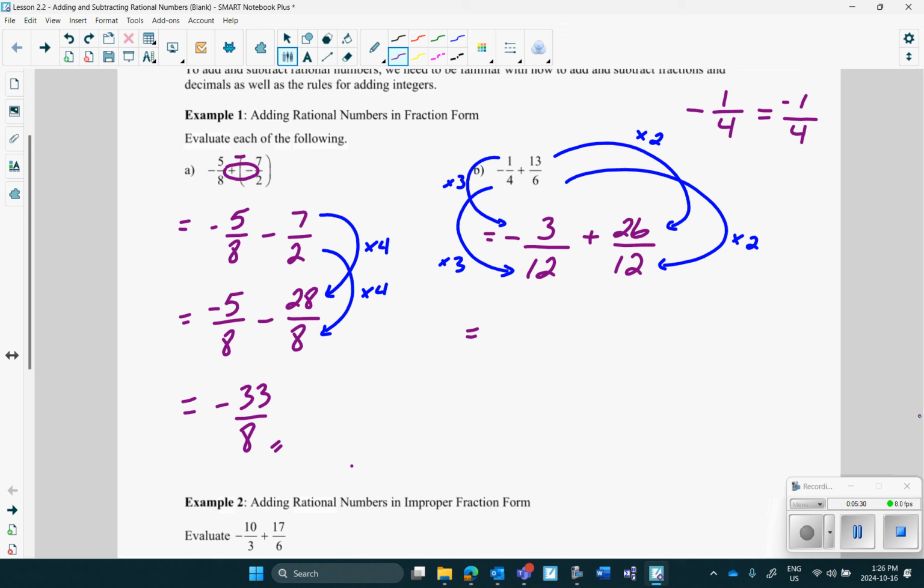Yeah, you can put it in the bottom if you want, but we don't want to work with negatives in the denominator. We want to keep them positive because then it's easier to work with, especially if we're finding lowest common denominator. But you still can. So what's negative 3 plus 26? 23/12. And I can't reduce that. So we're done. Okay.